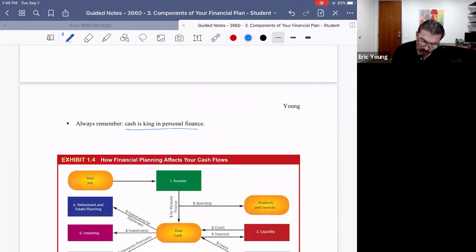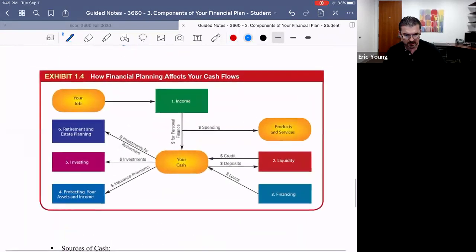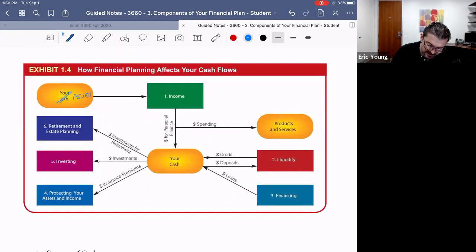And as you know, in personal finance, cash is king. If you take a look, let's expand that a bit for you, at this chart, it's actually, you'll have this on your notes. You see that you have, it says your job, but ideally you have your job as well as all your other assets. So let's just say that you actually have your assets.